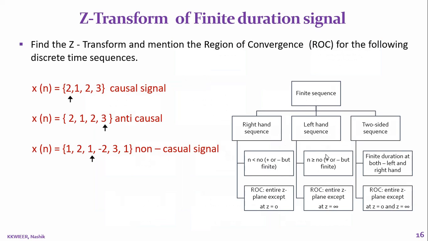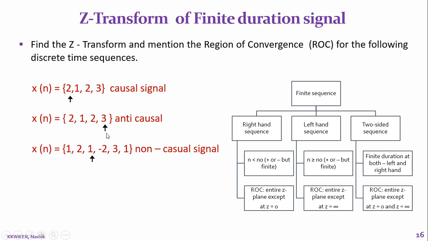Now let us understand that with the help of an example. So the first sequence is a causal signal, that is a right-handed sequence. The second sequence is anti-causal and the third one is non-causal. So here you can see this is a causal sequence, that means the 0 place stands over here, so it will have all positive values.